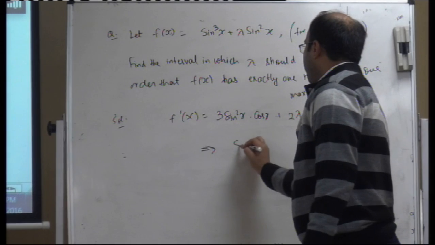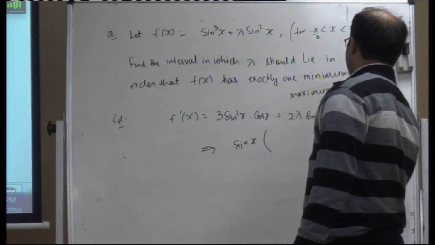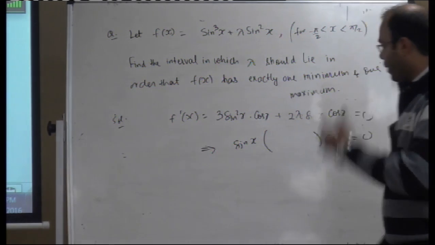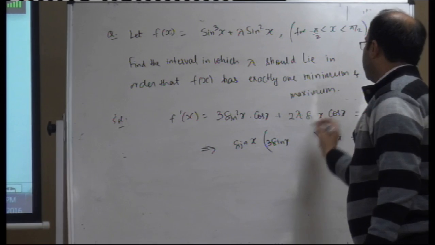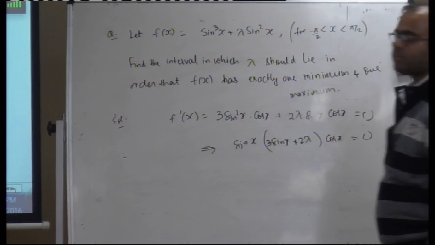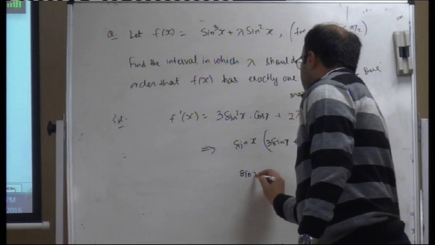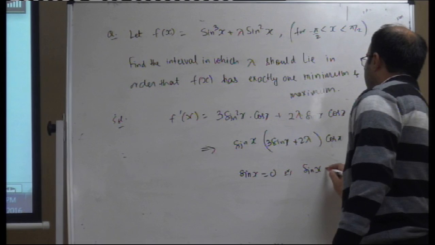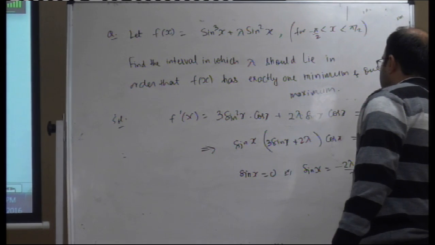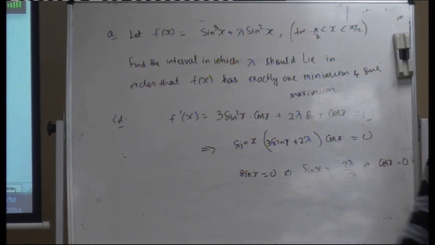We take common sin x, and even cos x can be taken as common, and the part which will remain is 3 sin x plus 2 lambda. Now sin x could be 0, or sin x could be minus 2 lambda upon 3, or cos x could be 0. These are the three cases.